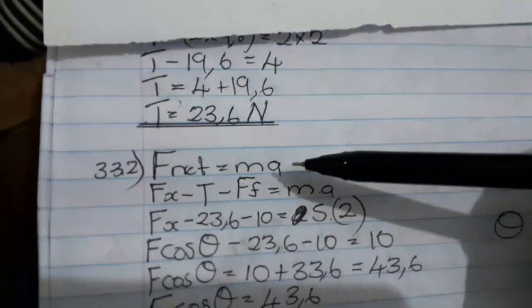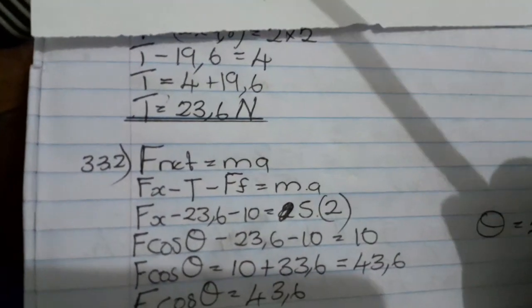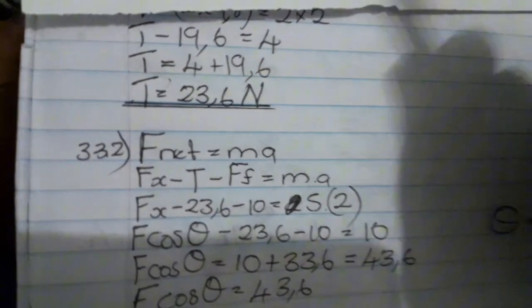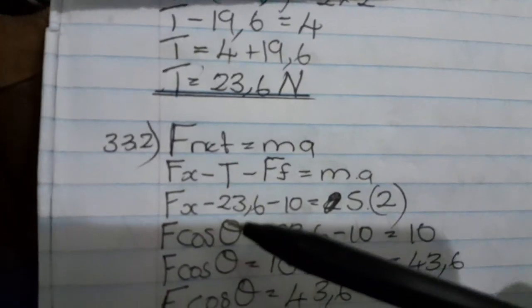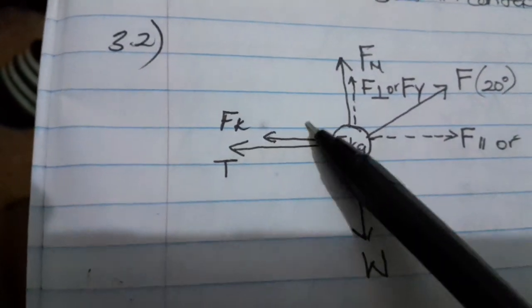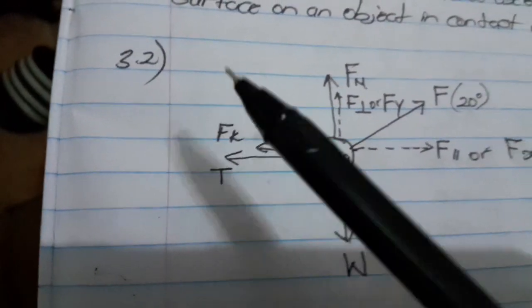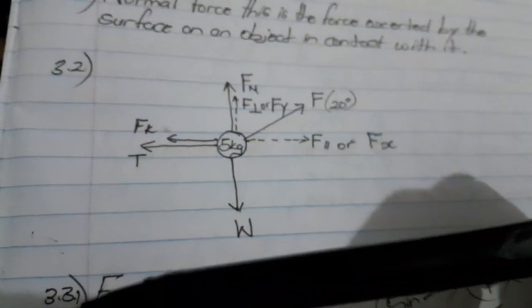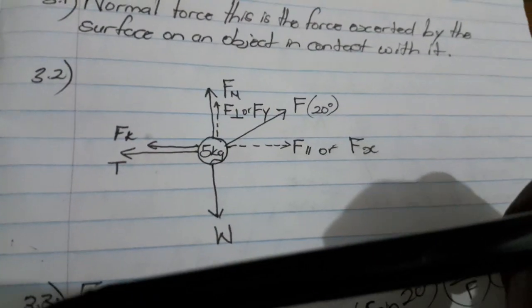So that means F net is equal to Ma. F net is the sum of the forces acting on the object. So F net is Fx, you see Fx over here, and then we have tension on this side. As you can see in our previous question, there's tension and then there's Ff. Tension is always opposing the motion or opposing the force applied.